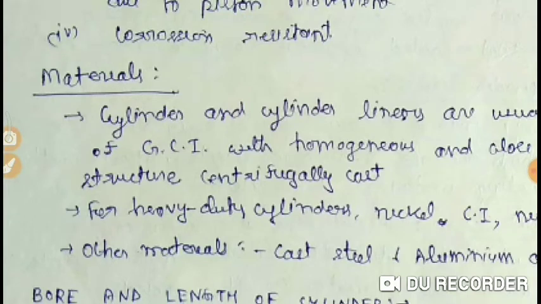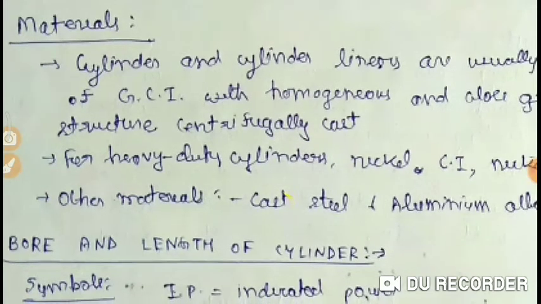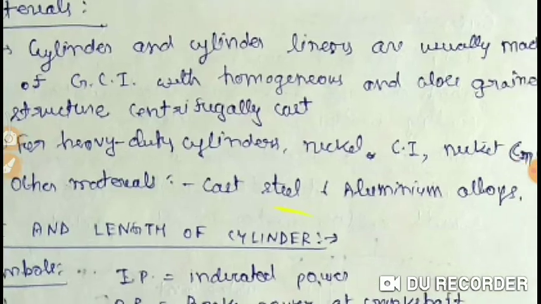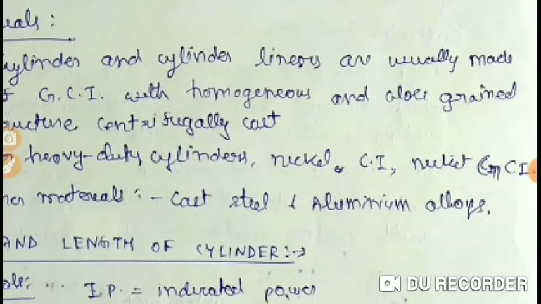Now materials. What are the materials that cylinders and cylinder liners are generally made of? As you already know, I told you that there must be some material that has good lubricating properties. So here gray cast iron is the best material, because cast iron is the material that has the best lubricating properties.